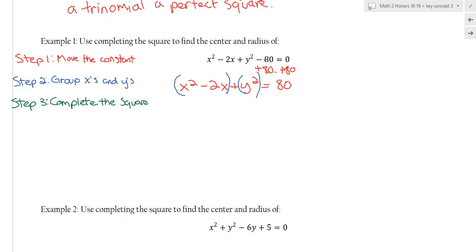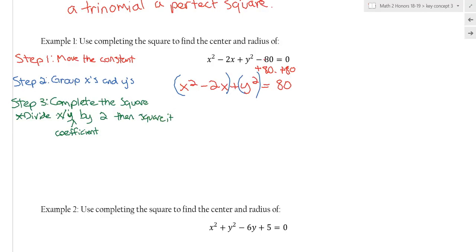To complete the square, what you're doing is you divide the x or y term, so not your x squared or your y squared, just your x or just your y, I should say coefficient, by 2, then square it.